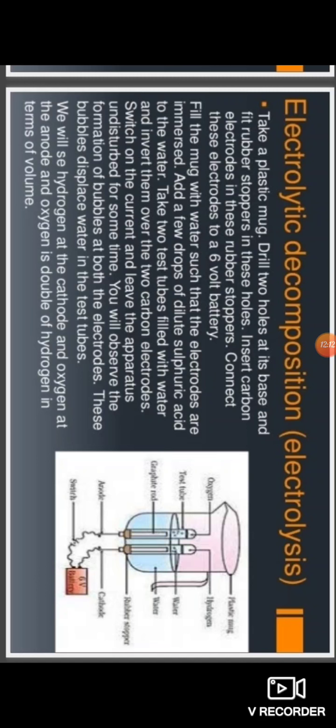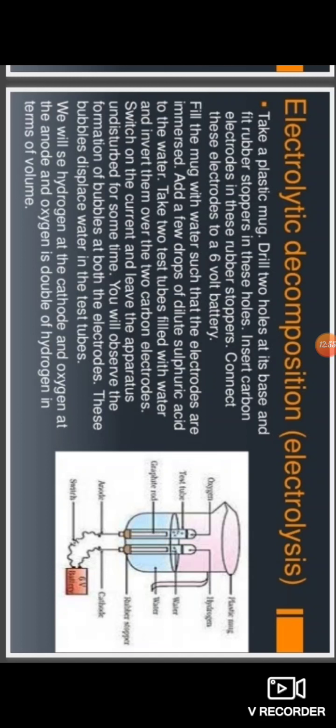And then the electrolytic decomposition reaction. What do you mean by electrolytic decomposition reaction? It means when a decomposition is carried out by passing electric current.